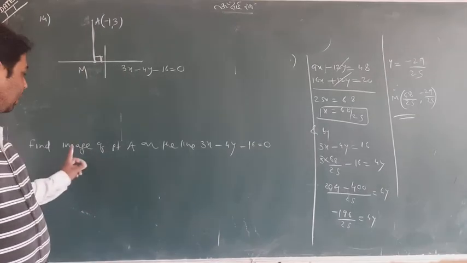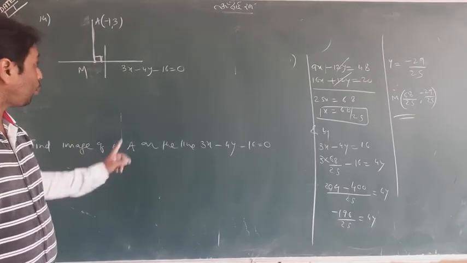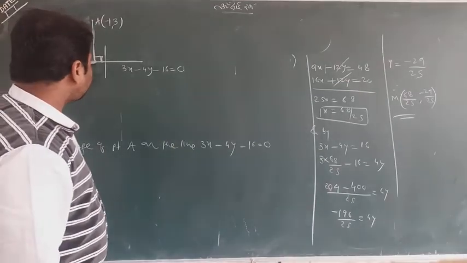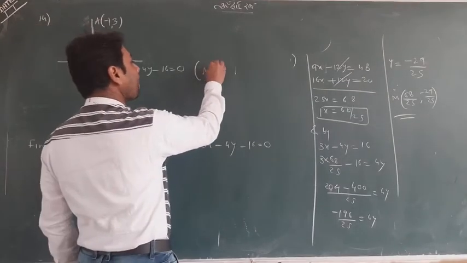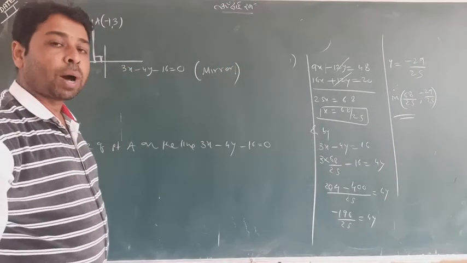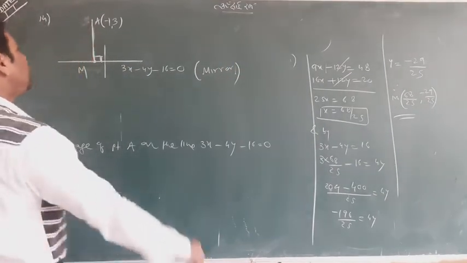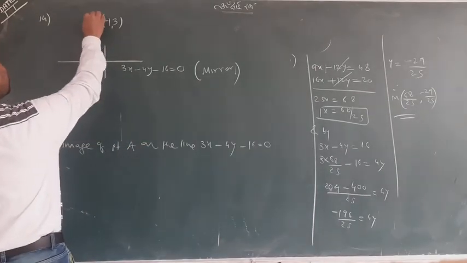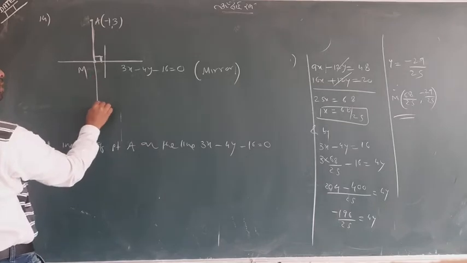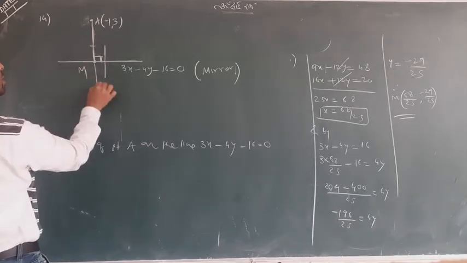Find the mirror image or image of point A on the line. So it means you have to assume that this line is just like a mirror, and you know how we can form the image. If A is a point, its image on the line will be right here in the exact opposite direction with the same distance.